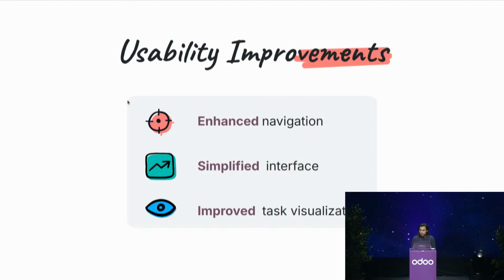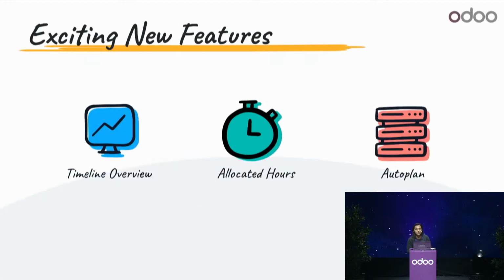Okay, I hope you're still with me because the next topic on the agenda touches upon some exciting new features related to how to better streamline your project management processes. And you see these features here.